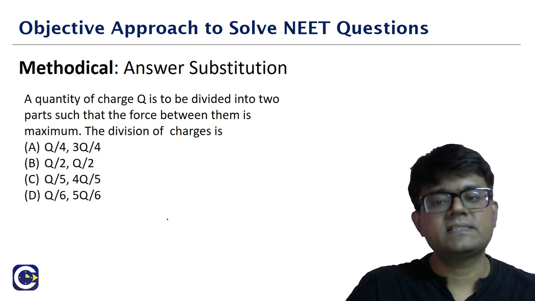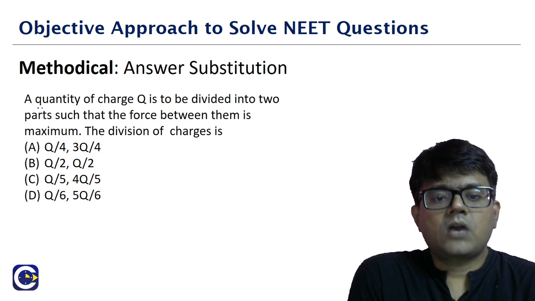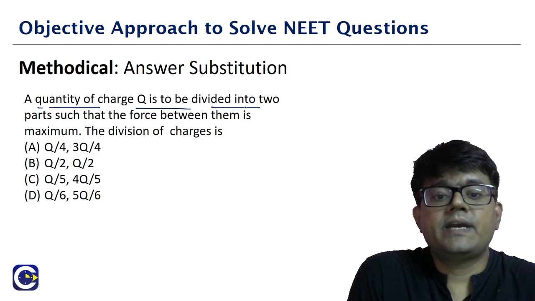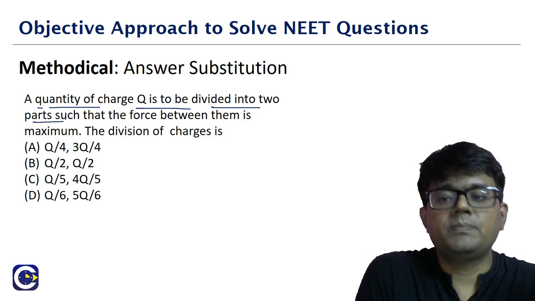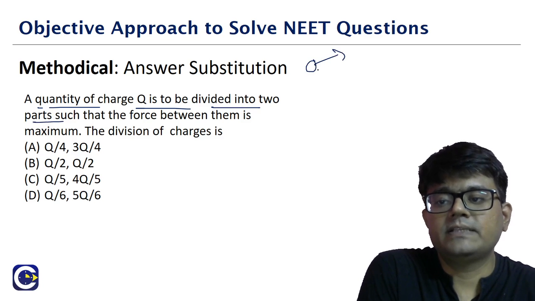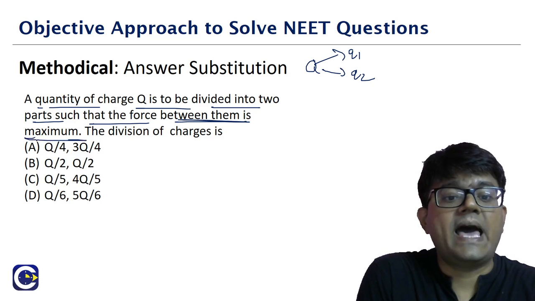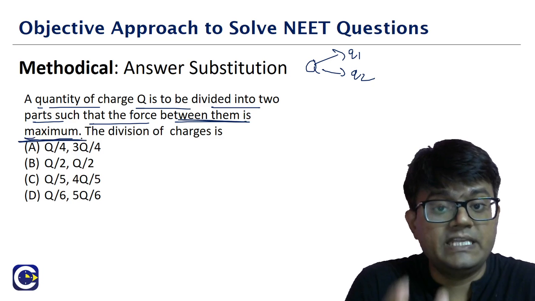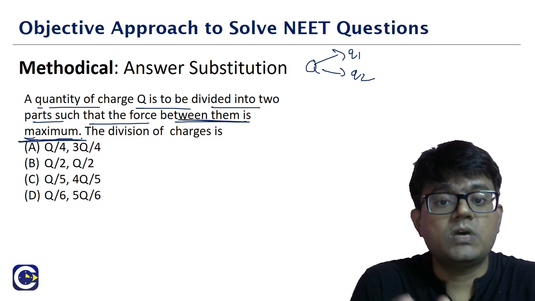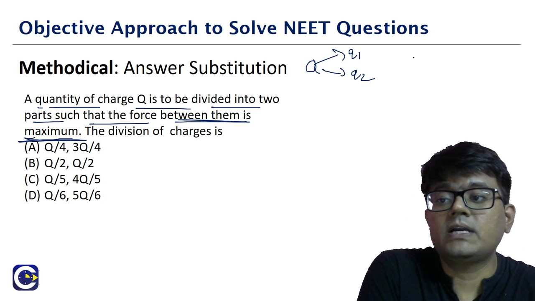Next, answer substitution. A quantity of charge q is to be divided into two parts, so we have to divide it into two parts, for example q1 and q2, such that the force between them is maximum. What is the force formula?